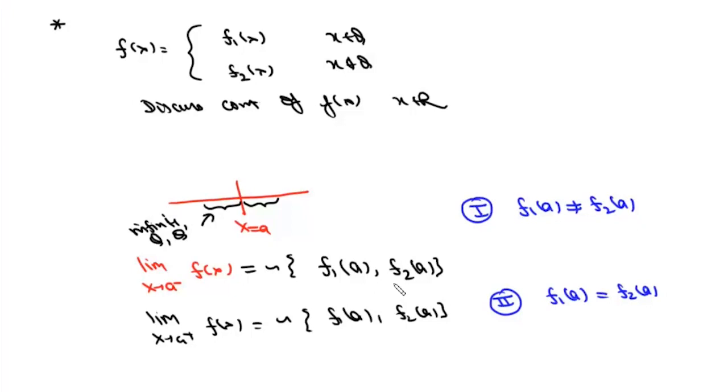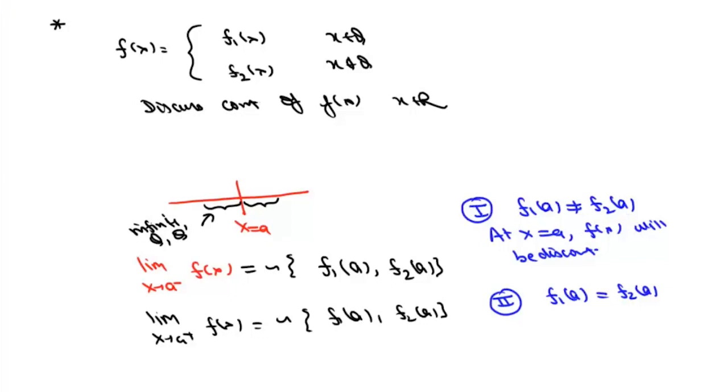So in that case, this limit will be oscillating. So at all such points, this function f(x) will be discontinuous. So at all the real numbers x equals a, this function will be discontinuous if f1(a) is different than f2(a).